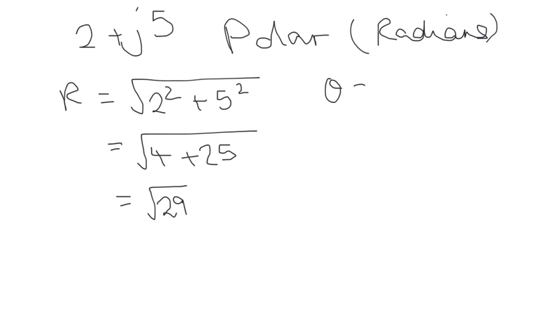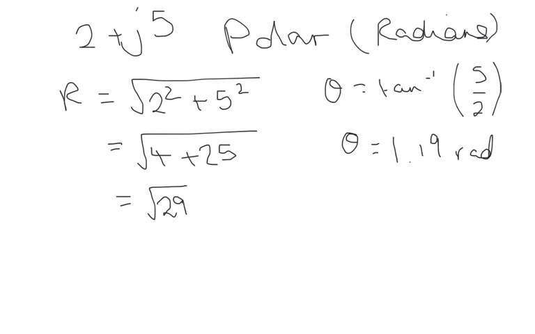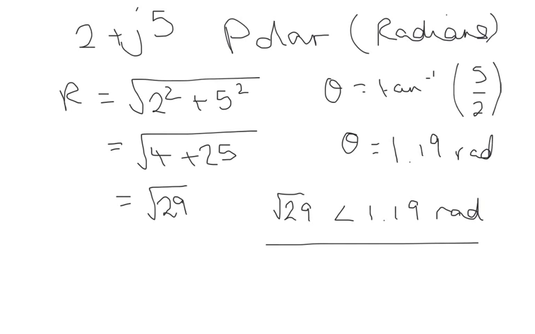And theta is the inverse tan of 5 over 2. Work this out on the calculator in radian mode, which is 1.19 radians. So we write our number as root 29 angle 1.19 radians. That's our complex number in polar form.